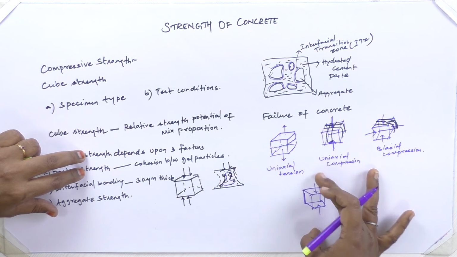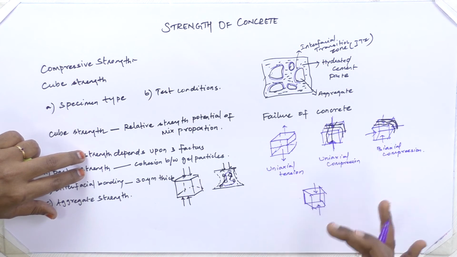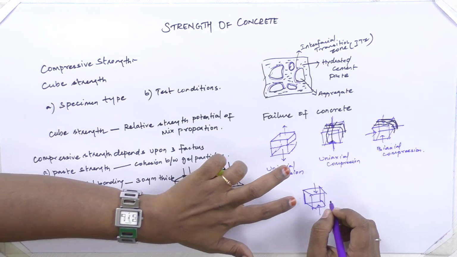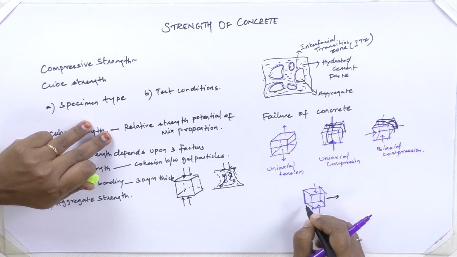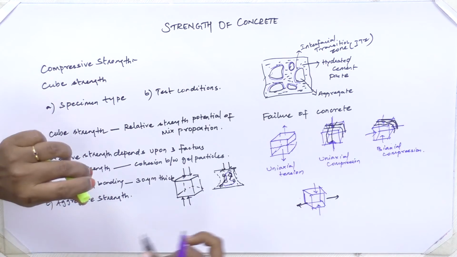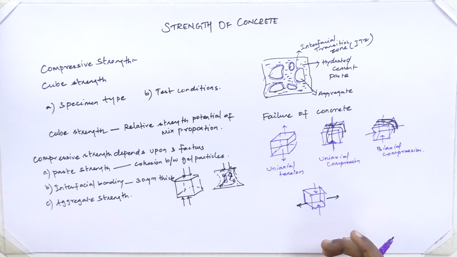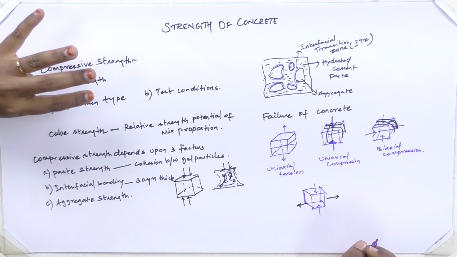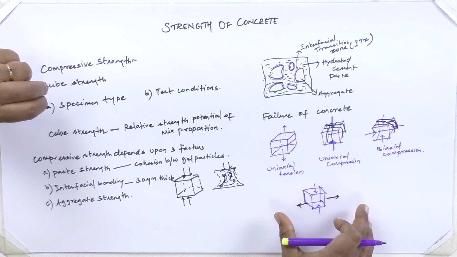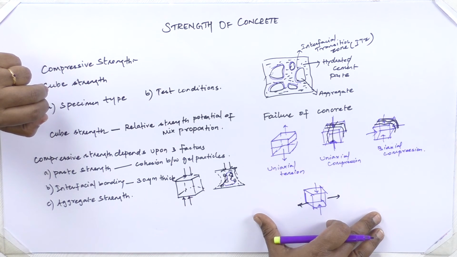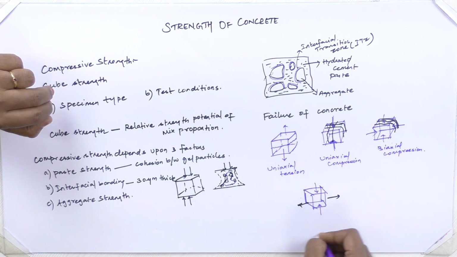I am applying compression in this direction, so my material is free to move in the opposite direction. So the failure mechanism is not really because of compression, but by tension in the transverse direction.